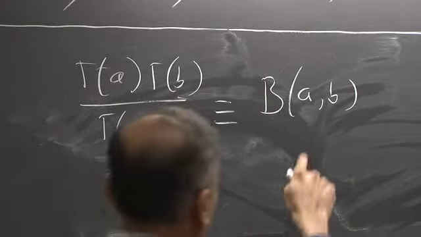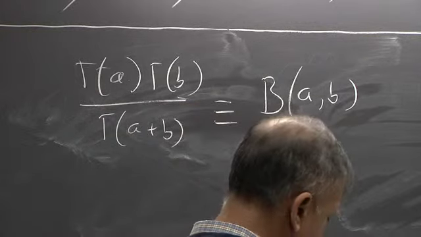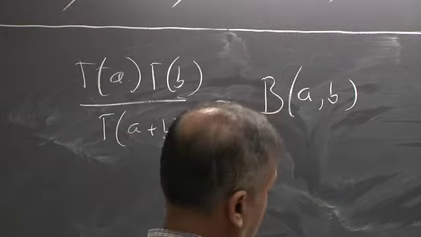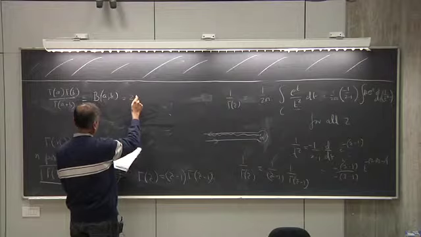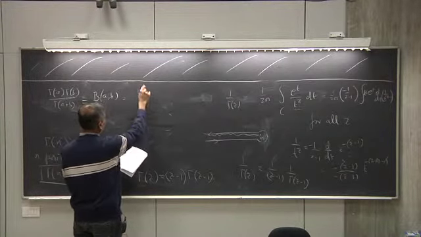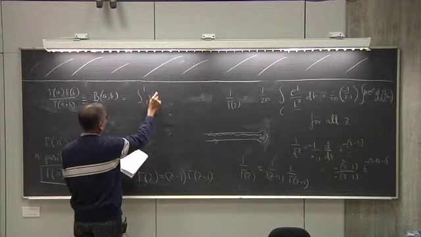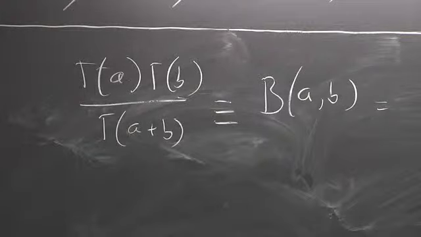The point is that this itself can be written in several ways. One way is 2 times... one way to write it is the integral from 0 to 1 of t to the power of a minus 1, 1 minus t to the power of b minus 1 dt.